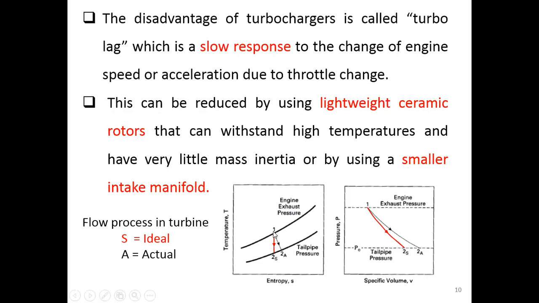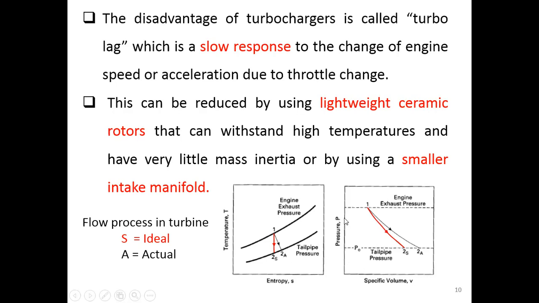In terms of isentropic, again, we have zero change in entropy, so the line becomes vertical. For the actual process to happen, the entropy has to increase, so the actual process goes to the right. From 1 to 2A here is the actual process.